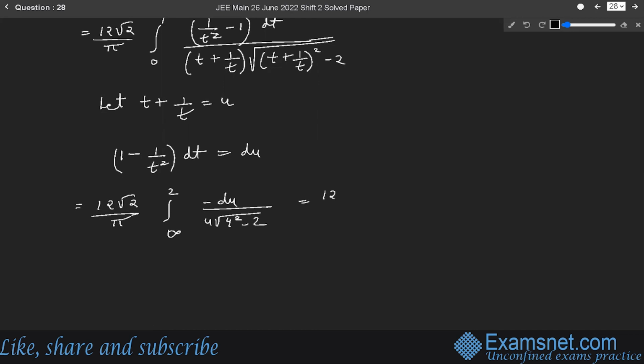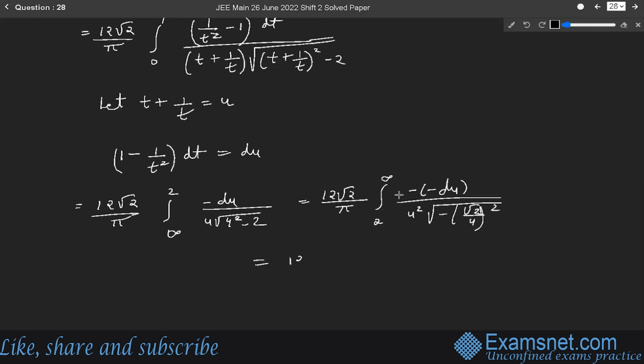So this will be equal to 12 into root 2 divided by pi into integral from 2 to infinity of minus du divided by u square into under root of 1 minus 2 upon u square.